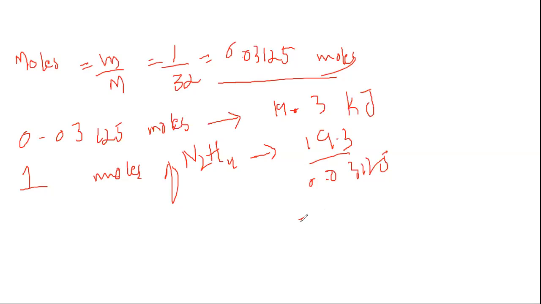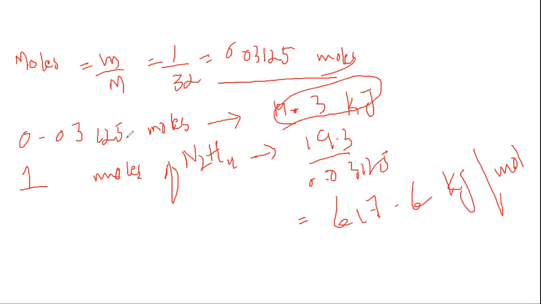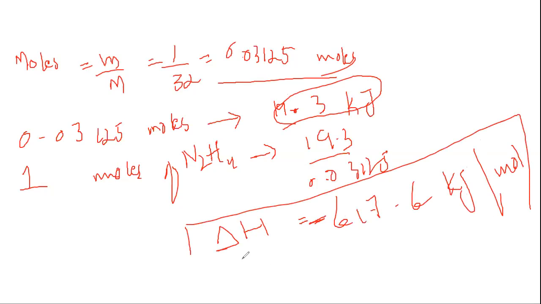It will be equal to 617.6 kilojoule per mole. Now this is for per mole, and the earlier value is for 0.03125 moles. We have to place the minus sign because this amount of heat will be released during the combustion reaction.